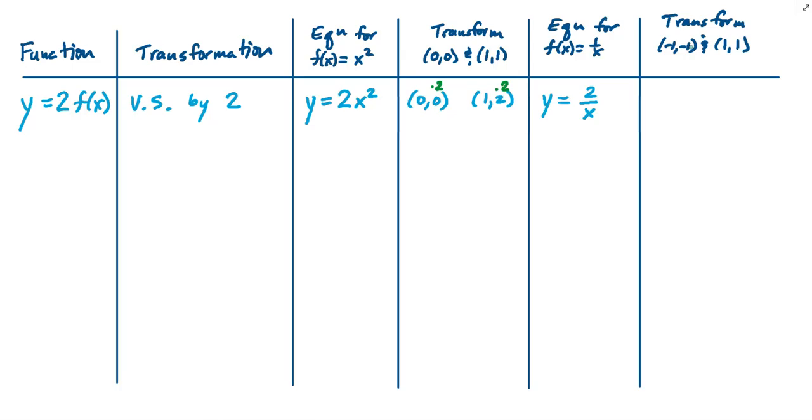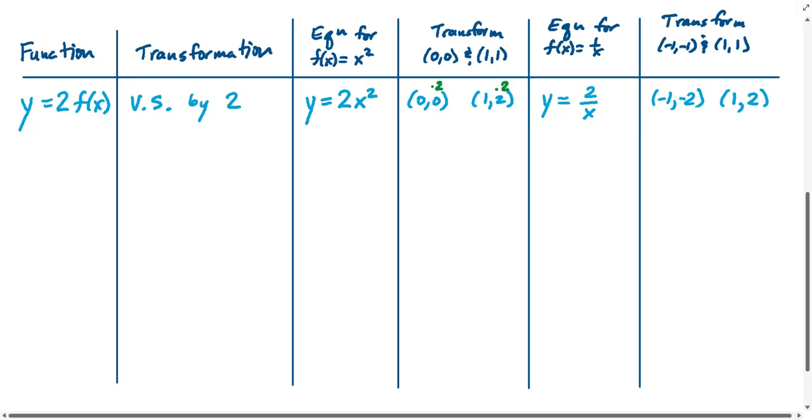And what would happen to these two key points? Well, when we vertically stretch (-1, -1) by a factor of 2, the x-coordinate stays the same because it's a vertical stretch. The y-coordinate gets multiplied by 2, so it gets a little bit lower. What would happen with (1, 1)? Well, the x-coordinate stays at 1, but the y-coordinate, which is multiplied by 2, becomes 2.